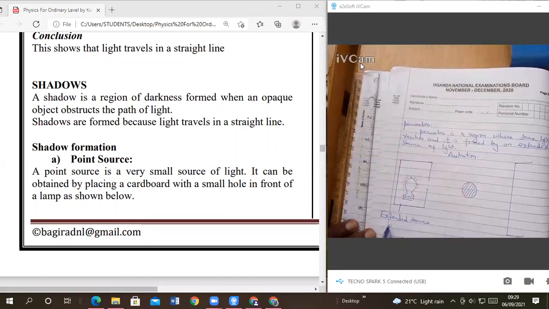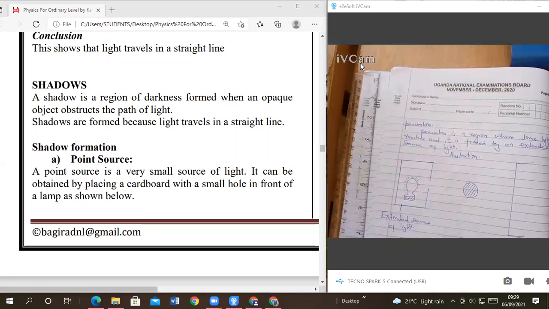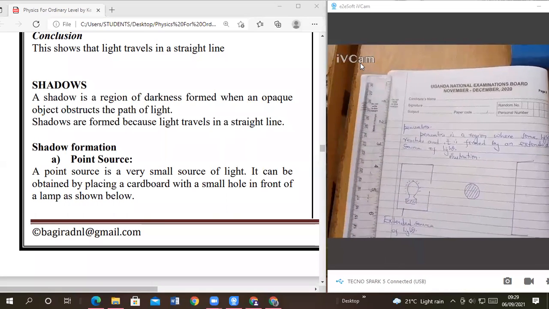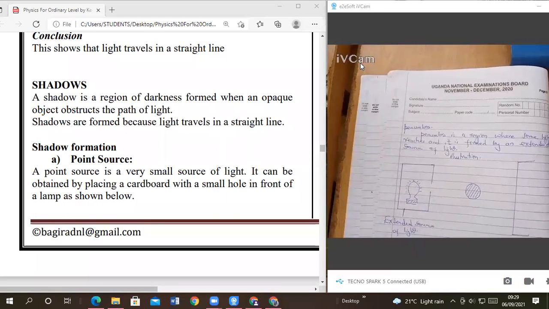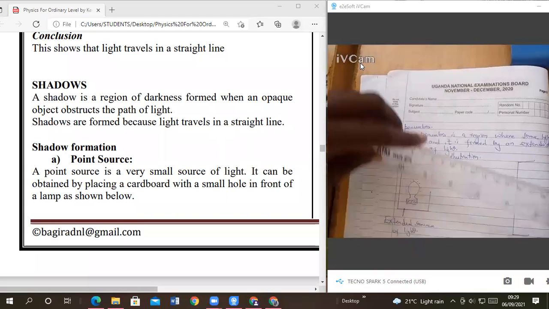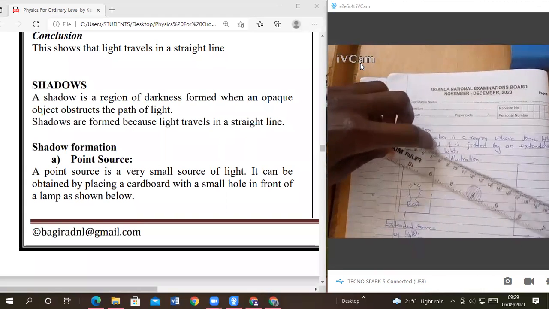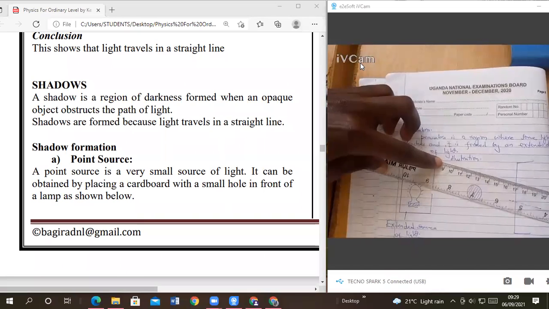So this one is the extended source of light. Now, what we are going to do, because here we want to form both umbra and penumbra, we shall have light rays which are running diagonally. We draw light rays running diagonally.